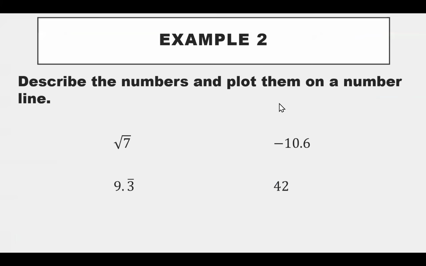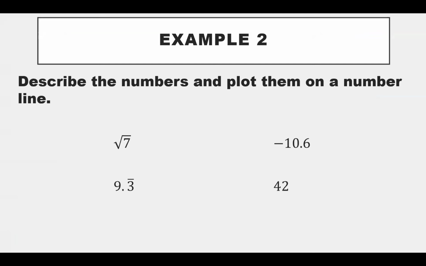Let's do one more example. Let's look at example 2. We'll describe the numbers and plot these on a number line. Root 7, that is square root of 7, negative 10.6, 9.3 repeating. That line over the 3 means that it just goes 3, 3, 3, 3 forever.